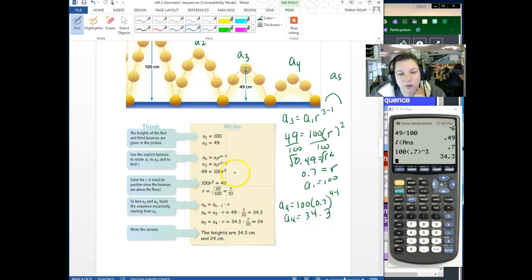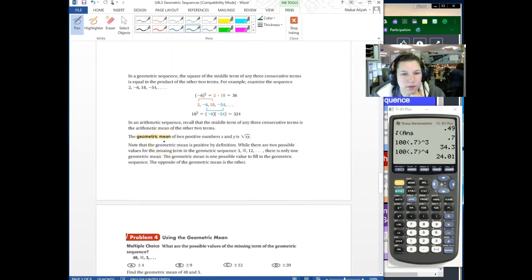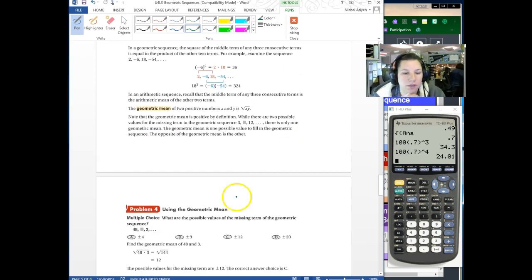Okay, and then the next term, a to the 5, you could do the same thing, 100 times 0.7, but it's 5 minus 1. Okay, so that you have your heights that you were looking for.